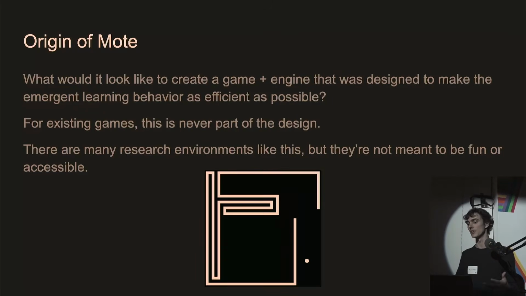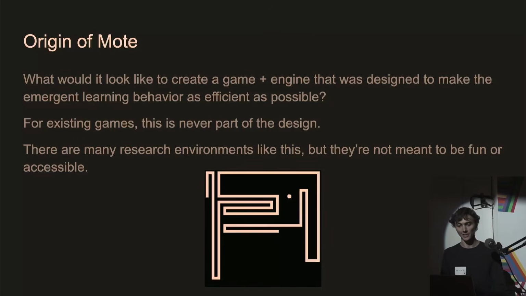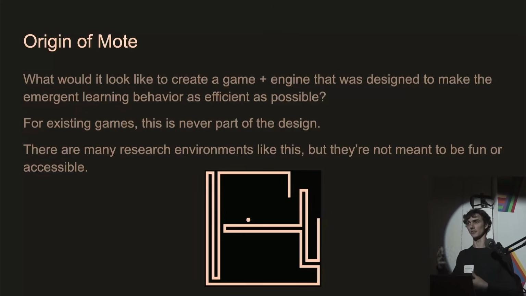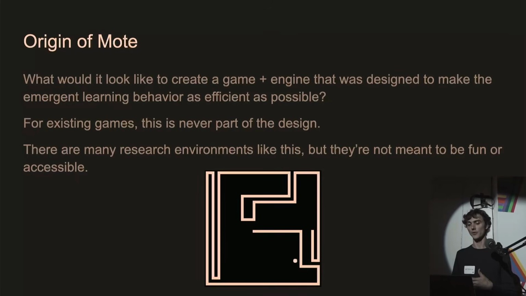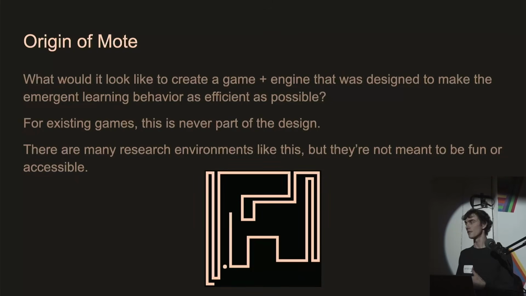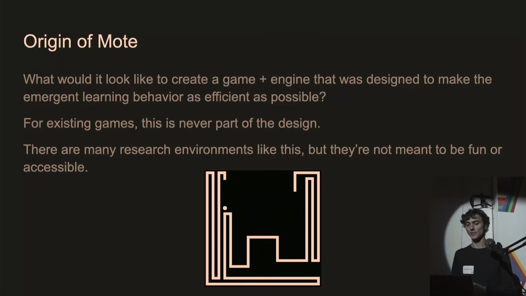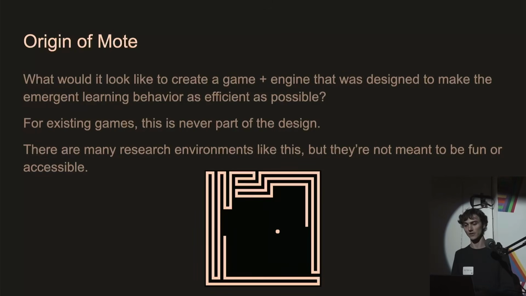They might have AI, but not in the modern machine learning sense. And there are researchers that make environments meant to induce these things more quickly, but they're not designed to be fun or accessible at all. So it's a unique combination, I think, to put those things together.